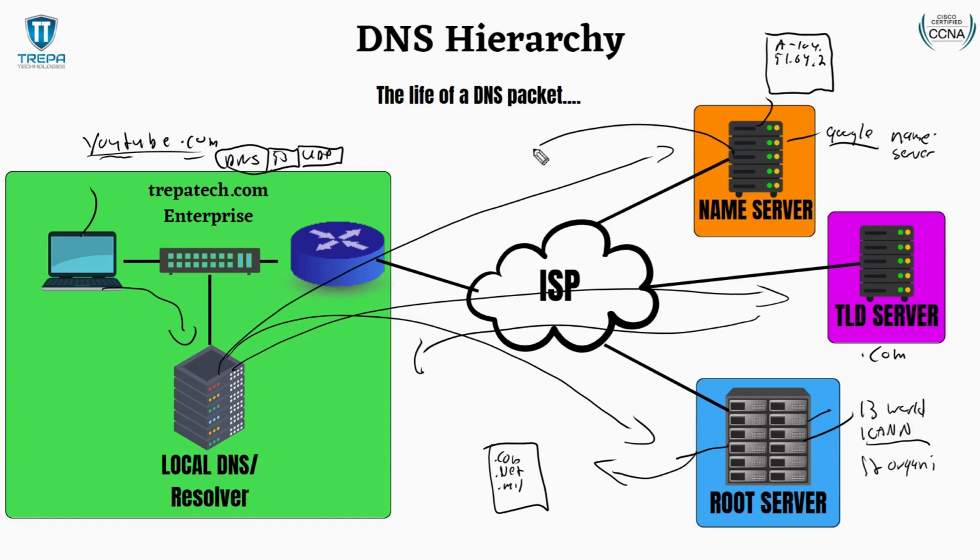And so now that name server is going to send that information back. And now this local DNS or resolver is going to store that into its DNS database so that if it gets that request again from one of its users, it automatically knows that, okay, youtube.com sits at 104.51.64.2. So that is the life of a DNS packet, as simple as I can explain it.